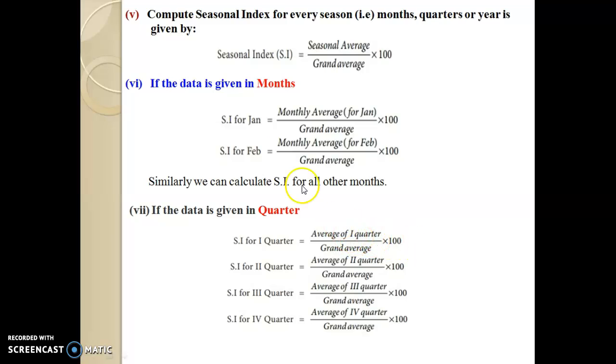The same procedure as in the previous step, for monthly data, applies here for quarterly. For the second quarter, again the average of the second quarter divided by the grand average multiplied by 100, up to the fourth quarter.